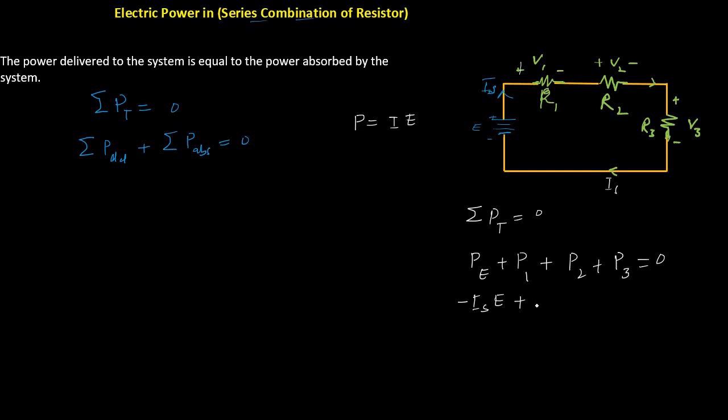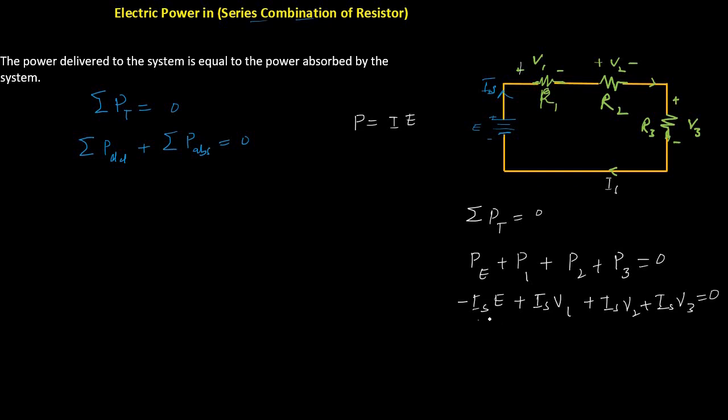So we can write this as Is times V1, plus, in case of R2, the power is also positive because the current is entering at the positive side and leaving the negative side, so the current in this case is positive, Is times V2, plus the same case for R3, Is times V3, equals 0.